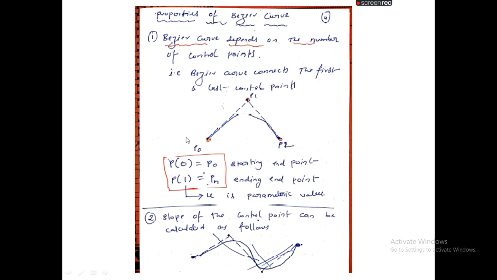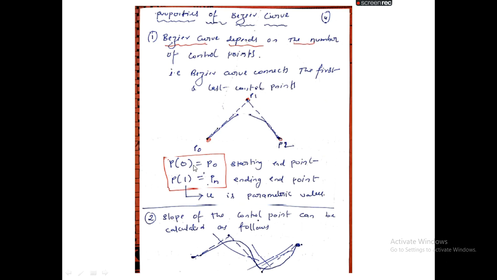If you take this Bezier curve, we have three control points P0, P1, P2, and the number of control points minus one tangents. Here P0 to P1 is one tangent, P1 to P2 is one more tangent. With the help of these tangents and control points, I created one curve.